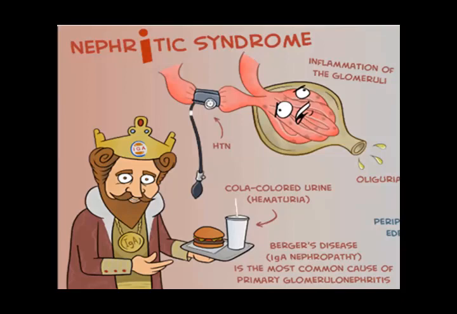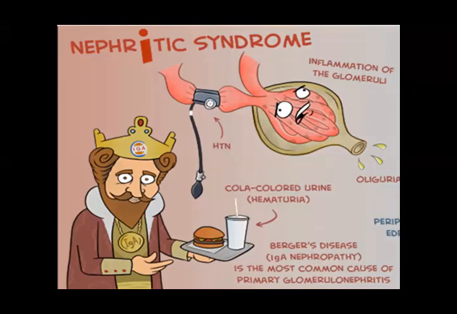There is hypertension, raised blood pressure because of inflammation of the glomeruli, and the urine is dark in color because of hematuria, so dark that it is cola colored. And there is oliguria, less urine production. This condition is not specific to one disease but a group of diseases.